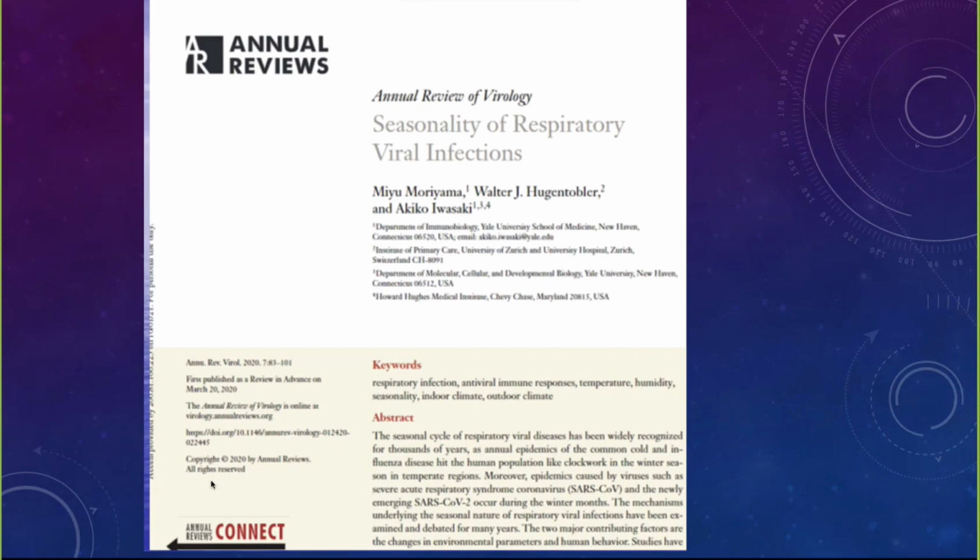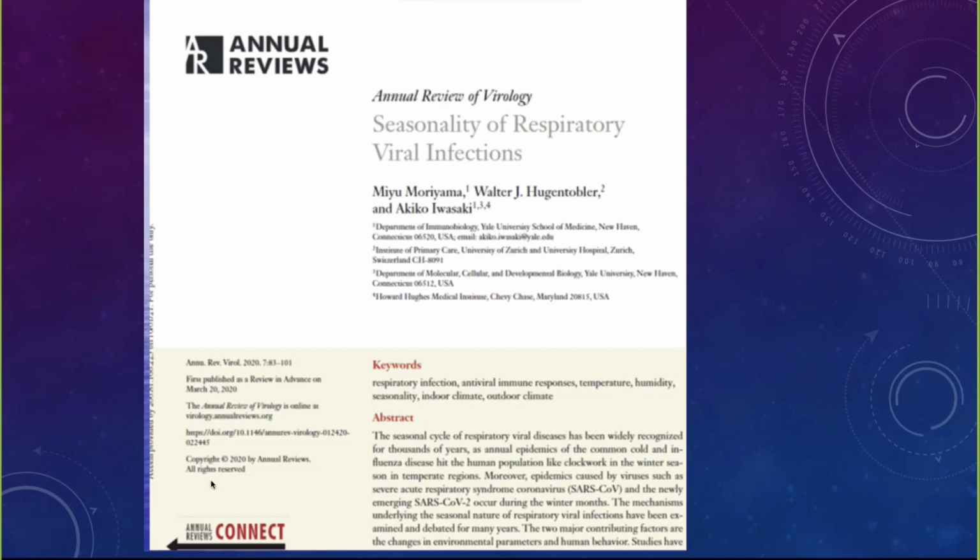It's important to note how respiratory viruses vary depending on the season of the year, especially in the northern hemisphere, and it's not clear why. It may be related to the weather, the humidity, human behavior, and what's happening in the human body depending on the weather. Sometimes you may have more mucus secretions because of allergies, pollen, or humidity, and that makes it easier for the virus to replicate.